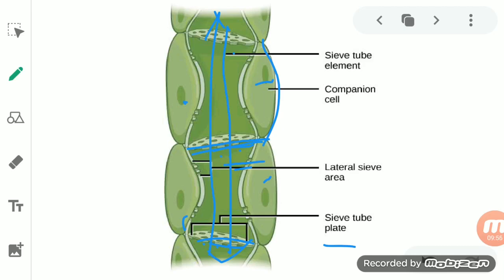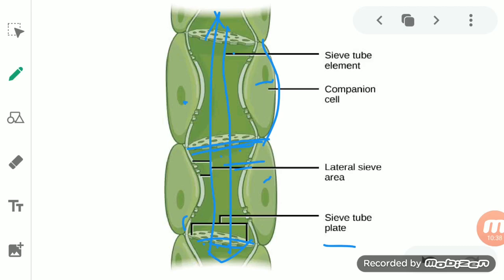So the sieve tube is more efficient in transferring substances, and they are more evolved. Because of the sieve plates, because the perforation is present all over, the transportation can be carried out in an efficient way in the angiosperms, in the sieve tubes, as compared to the sieve cells where the perforation occurs at a certain area. There the transportation will not be as efficient as in the case of a sieve tube.